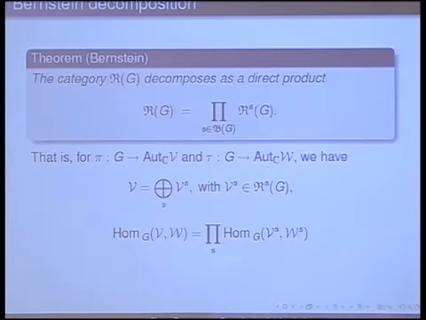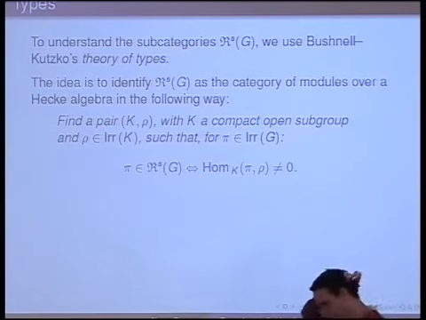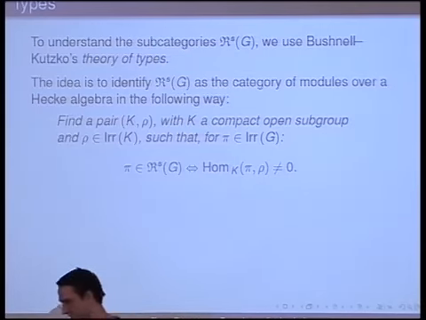Okay, and a method at least that we can use to try to understand these is what's called the theory of types. This is due to Bushnell and Kutzko, and the idea is to try to identify these categories as a module category over a Hecke algebra.